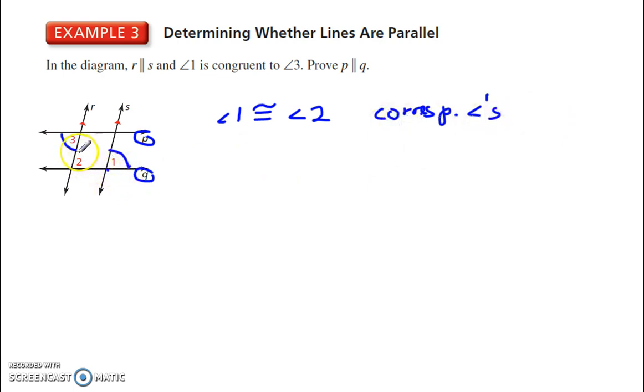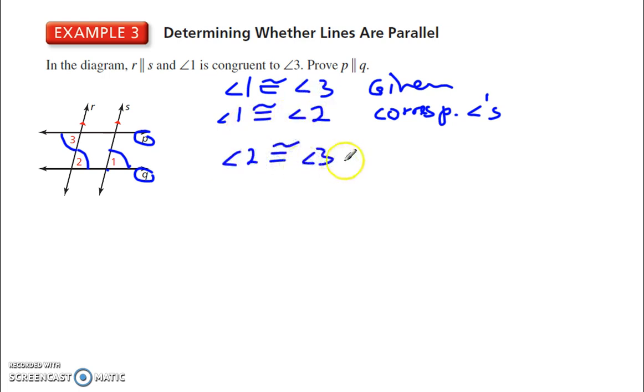And then if I know that 1 is congruent to 2, and we know that 1 is congruent to angle 3, which was given, then we can state that angle 2 is congruent to angle 3, transitive property.